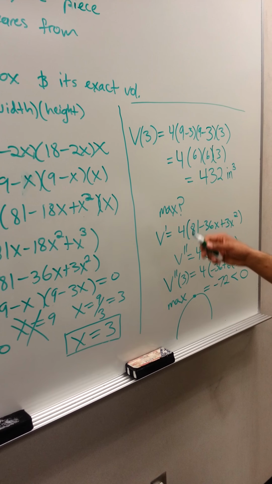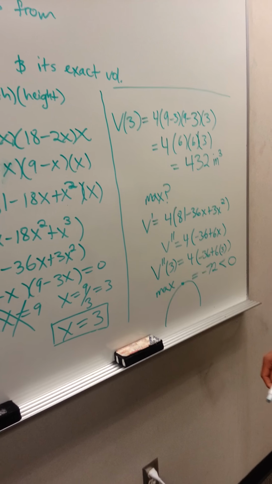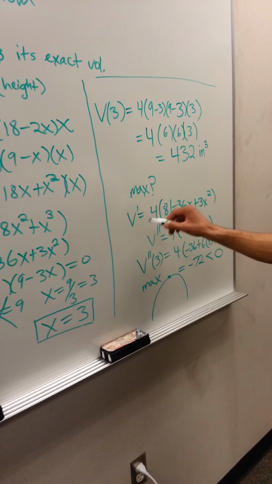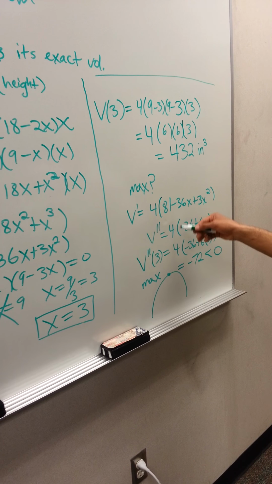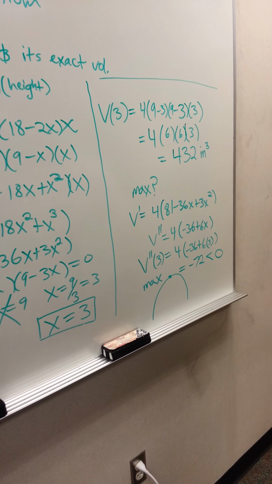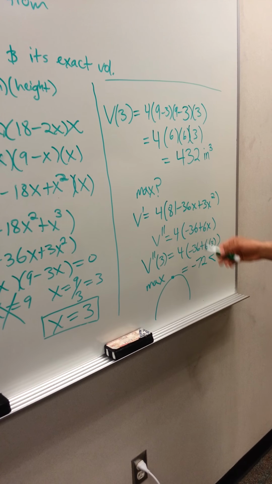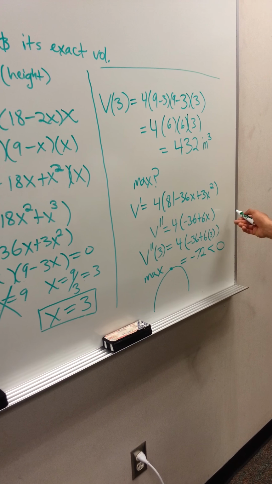So now the last thing we have to do is see if this is truly a max. So what I did was I took V prime, which is 4 times 81 minus 36x plus 3x squared, and I took the second derivative, and what I was left with was 4 times negative 36 plus 6x.